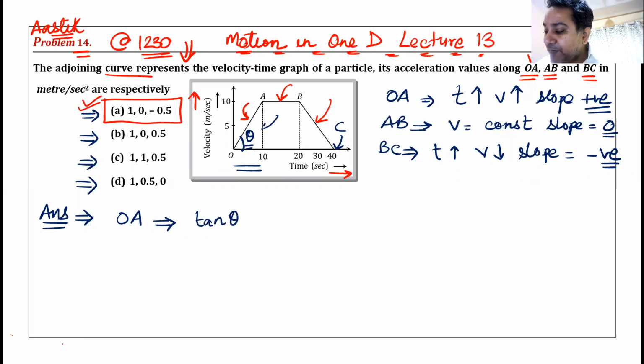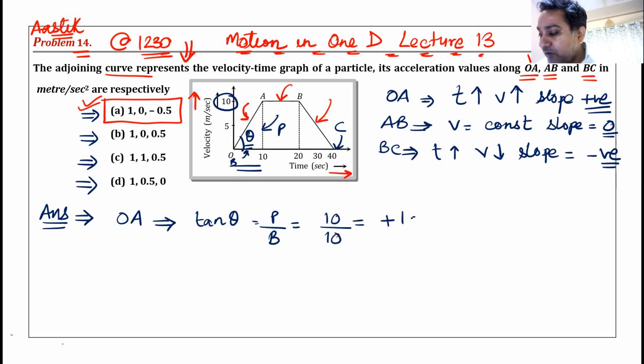That will be equal to perpendicular divided by base. The length of the perpendicular, as you can see, is 10. 10 divided by the length of the base, which is also 10. 10 divided by 10, we have to write plus 1 meter per second square.